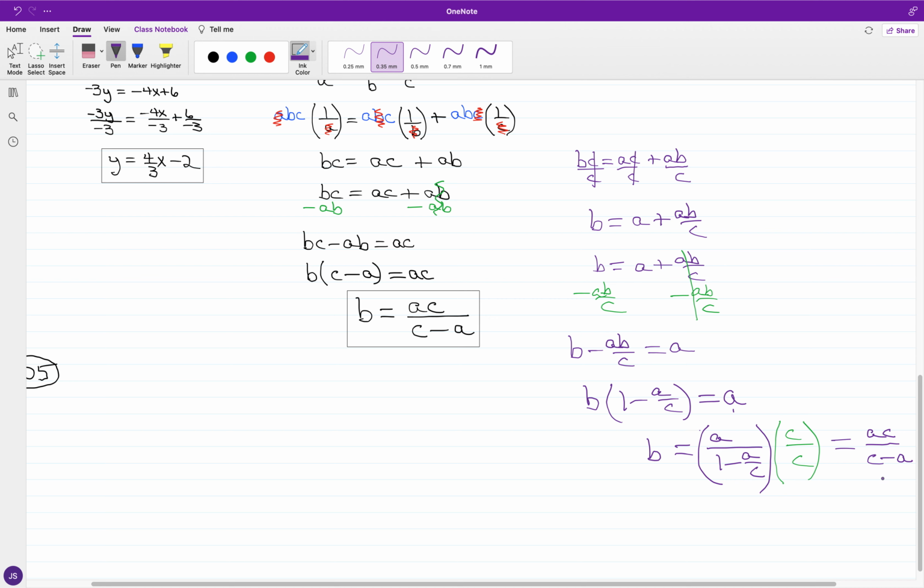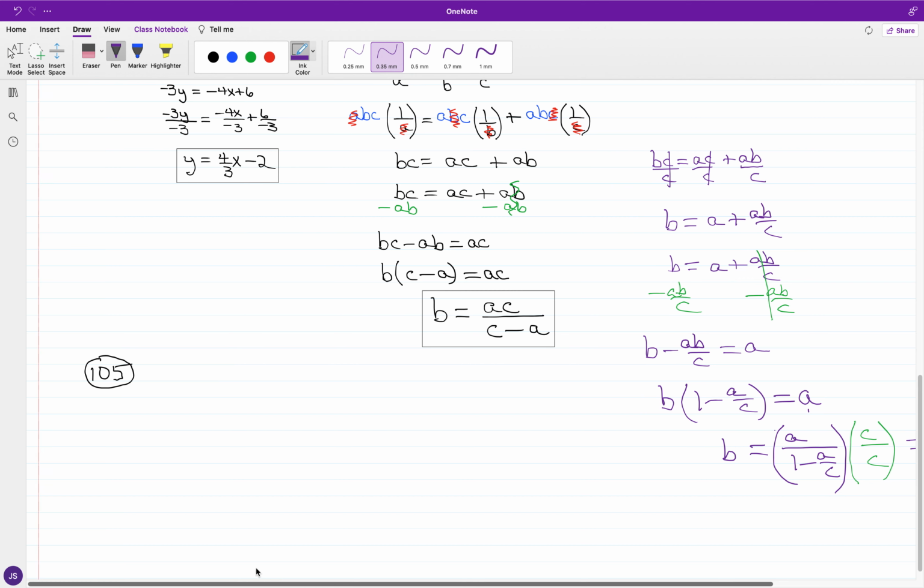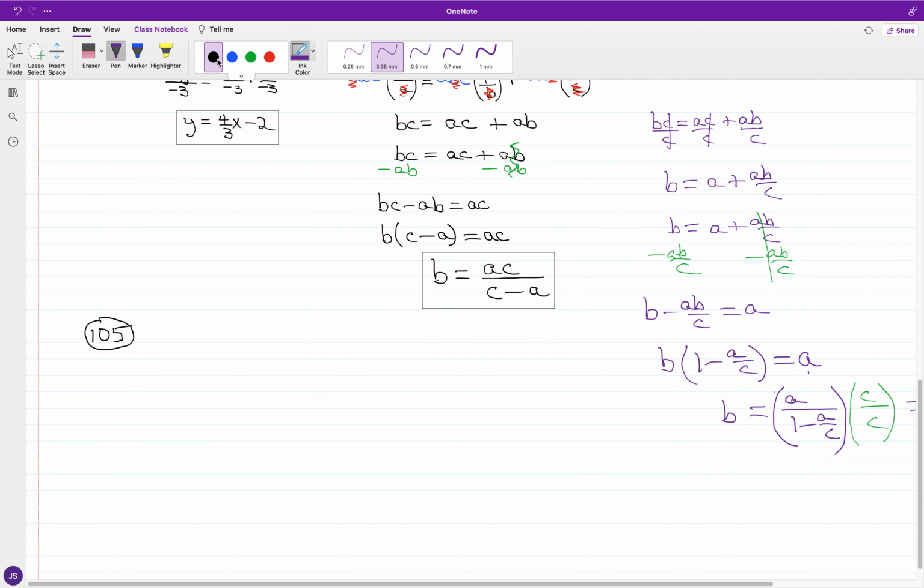You have ac over c minus a. It is still solvable, but you would be undoing a complex fraction. It's still workable, it would just take more steps. Yeah, that seems way more complicated. Yeah, and we want to minimize those situations.